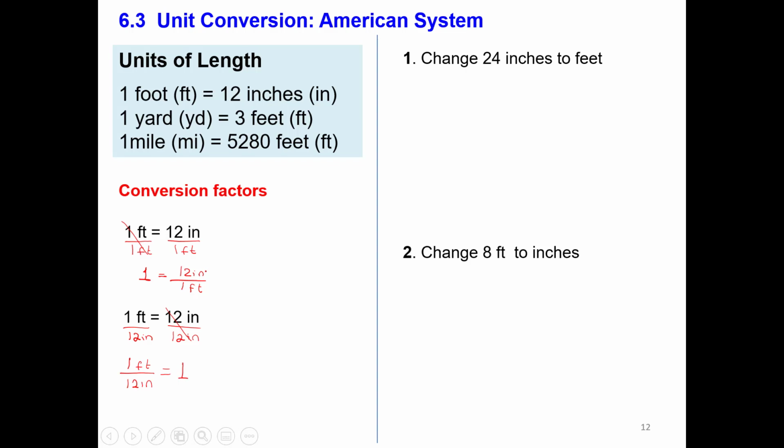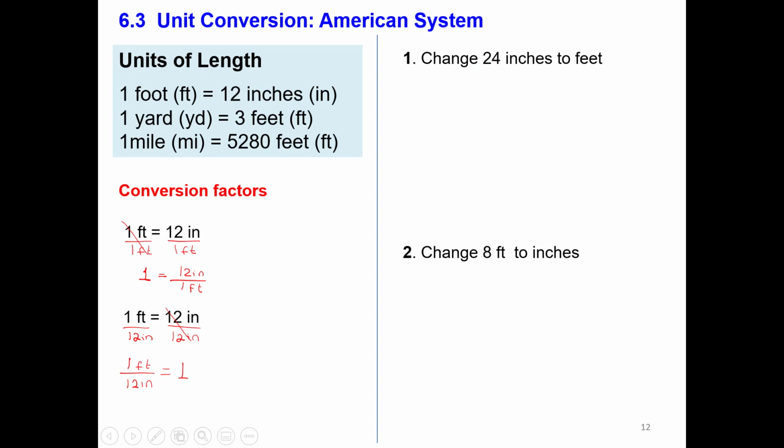We can write 12 inches over 1 foot, or 1 foot over 12 inches. Which one we use depends on what unit we need to convert. Let's see how we apply these conversion factors when we need to change from one unit to another.